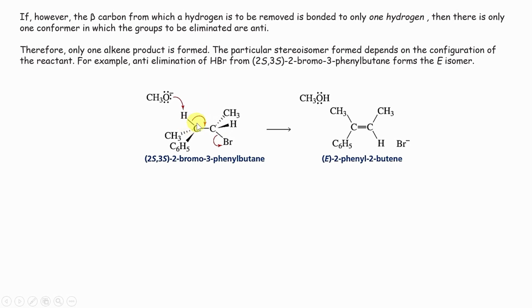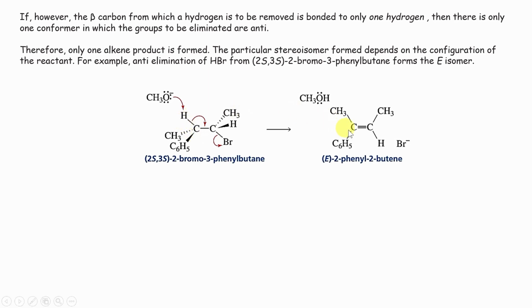See this carbon atom having only one hydrogen, which will have only one conformer anti to bromine. So it is the anti conformer of this molecule, having a beta carbon atom with one hydrogen only.